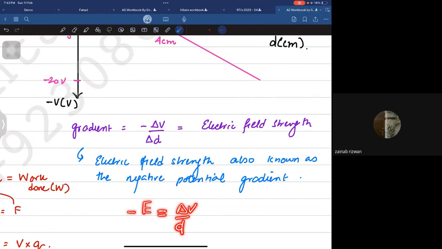Now, if the gradient comes as a negative gradient itself, the negative and negative sign will cancel out. What will you get? Electric field strength in positive value. Understood? So a negative gradient will give you a positive value of electric field strength. A positive value of gradient will give you a negative value of electric field strength. Get it?